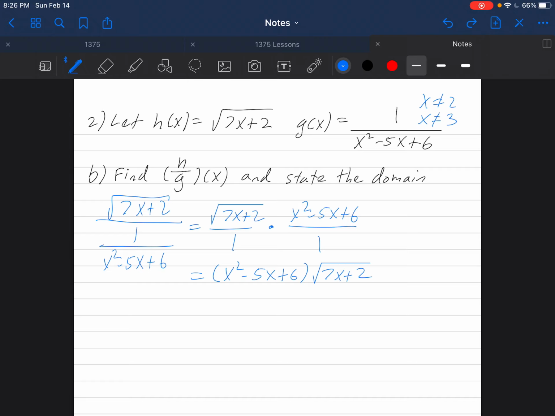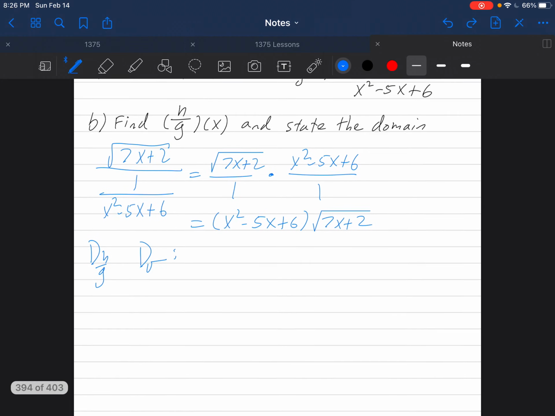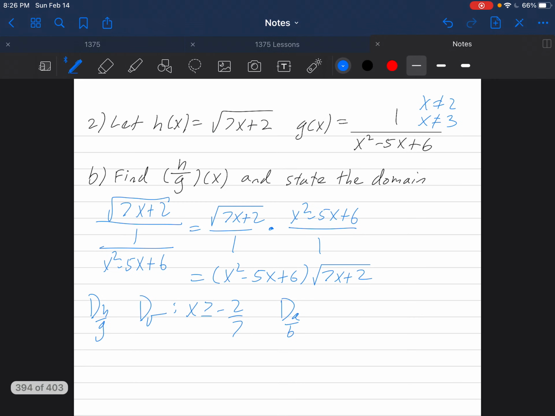So that's why when we are looking at the function of h over g, we are looking at the function of the radical, which we did in the previous example, turned out to be x is greater than or equal to negative 2 over 7. And then we're looking also at the function g, which is a rational function, which again had its limitations of x cannot equal 2, x cannot equal 3.